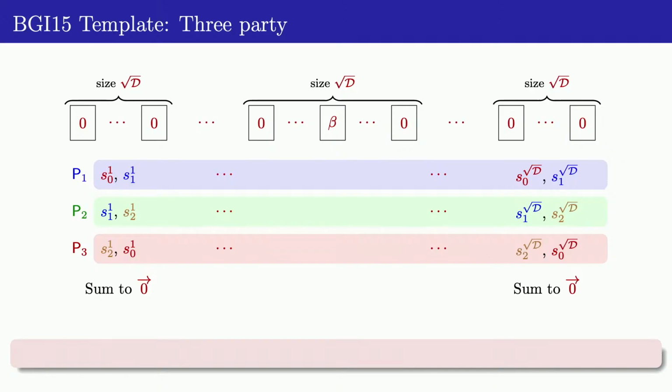Now the question is, what do you do for the special chunk here? The way they do it is that instead of using this S0, S1, S2, they use one additional PRG seed, let's call it S3. And you only give S0, S1, and S2 once, and you give S3 to all the parties here.